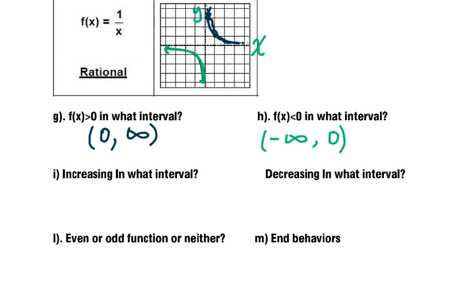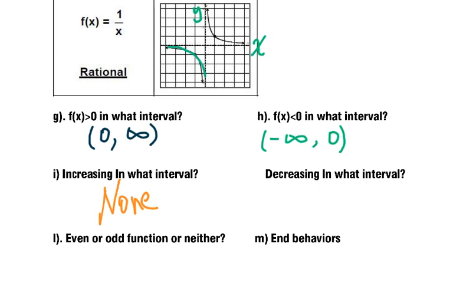Both are open parentheses. Look at the increasing part. Increasing part means going up. So when you check the graph, definitely we cannot find any part of the function going up. That's why it's a non-increasing function for the rational function. Decreasing, yes, it's both going down.